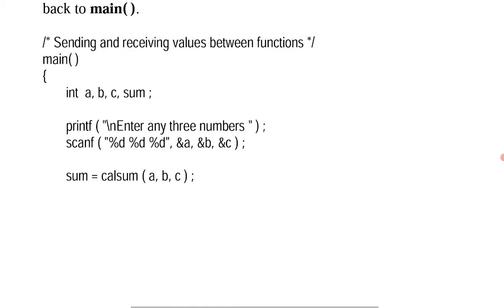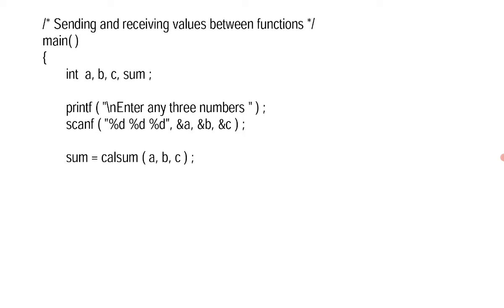Here is a simple example of using a small function. Here main, open bracket, int a, b, c, sum. Here a, b, c, sum are four local variables. As we know, variables are basically of two types, local variables and global variables.